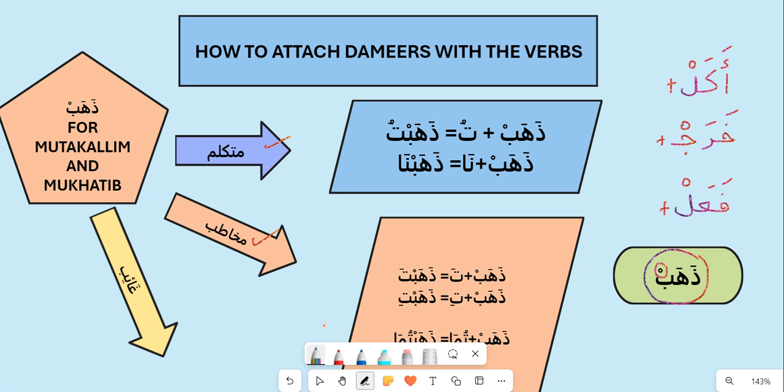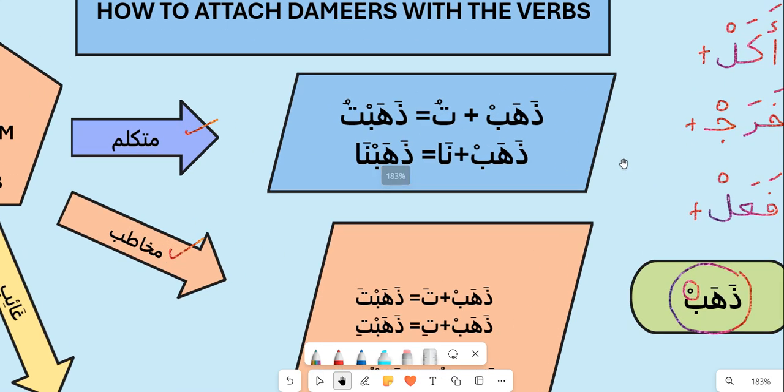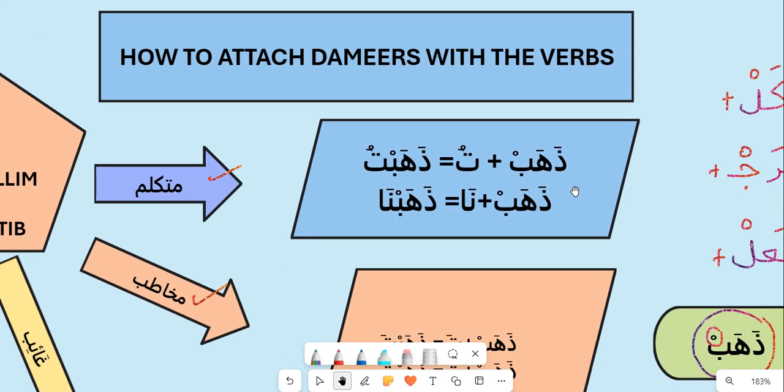Now coming to the mutakallim. What's happening in the mutakallim? As you can see, the first one is dhahab. The structure we are going to use is dhahab. This is for ana, and you should learn the damirs that are attached.